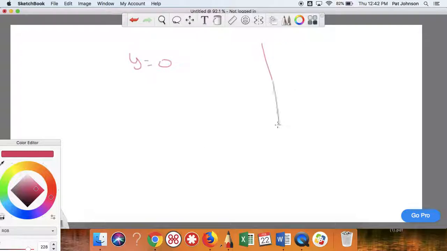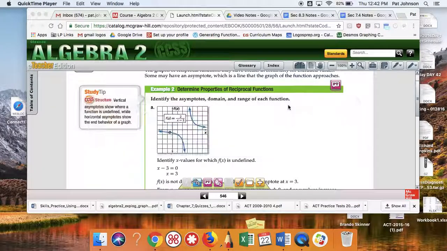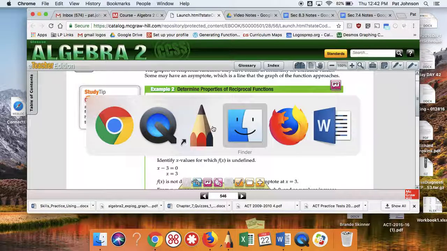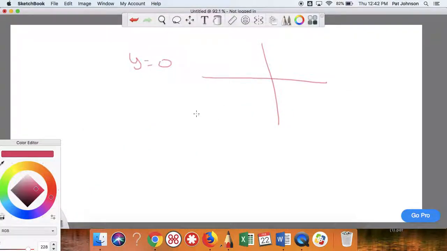That would be a horizontal line, yes? And then it looks like it's going, what, 1, 2, 3. It looks like it's approaching 3 from both sides. So that would determine that we have a vertical asymptote at x equals 3.